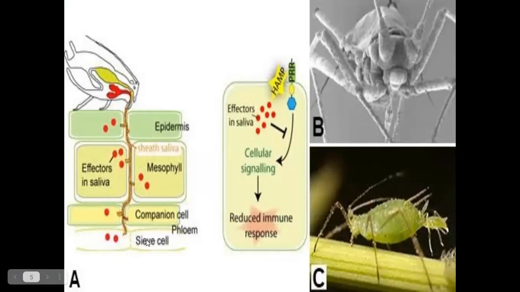The phloem juice is sucked by the stylets of the aphids. When we collect the aphid digestive system, total organic solutes are present in it. By this experiment, organic solutes are translocated by the sieve cells of the phloem tissue.